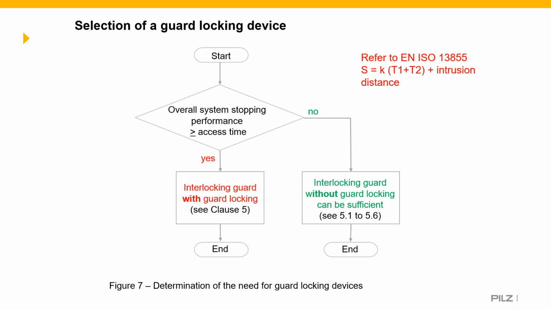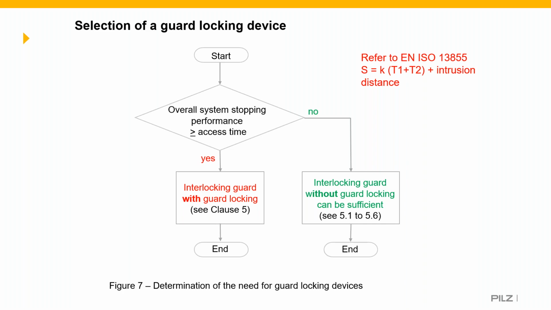So the hazardous machine function covered by the guard cannot operate until the guard is closed. And if the guard is opened while the hazardous machine functions are operating, the stop command is given. And when the guard is closed, the hazardous machine function covered by the guard can operate, but the closure of the guard does not by itself start the hazardous machine functions.